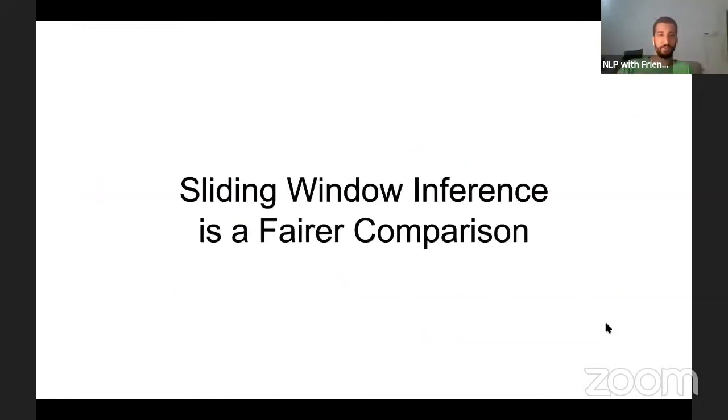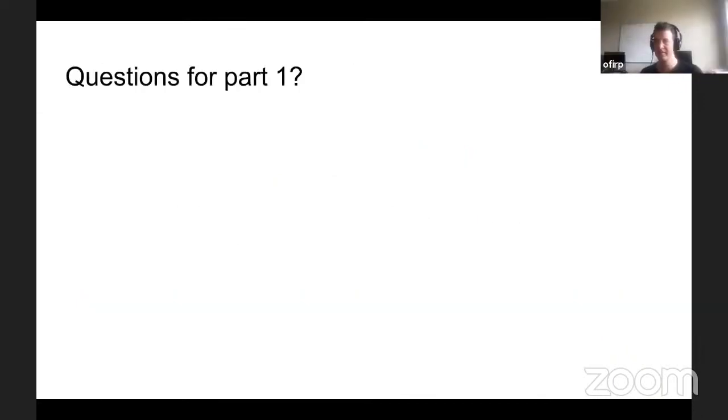Ofir, I have another question. Yes, go for it. Do you know if that perplexity gain comes especially from the tokens at the end of the sequence? Because you're kind of hinting at it, but I'm wondering if that's the case. Did you understand the question?